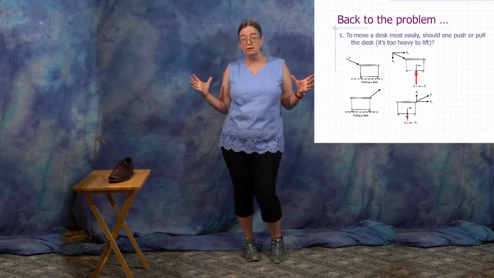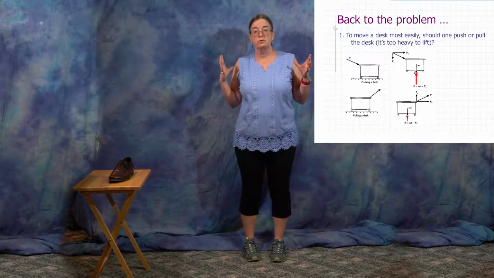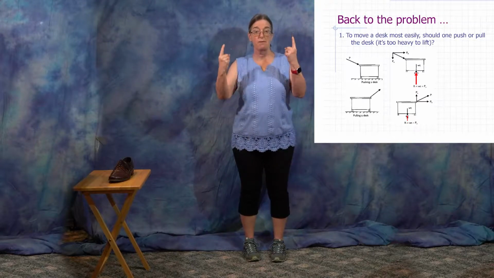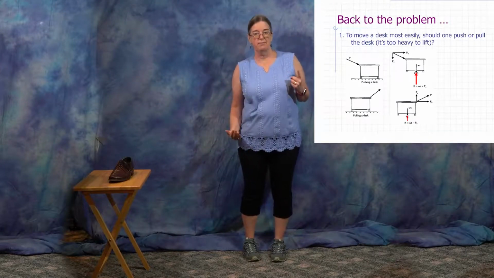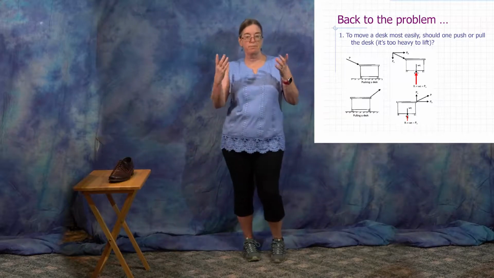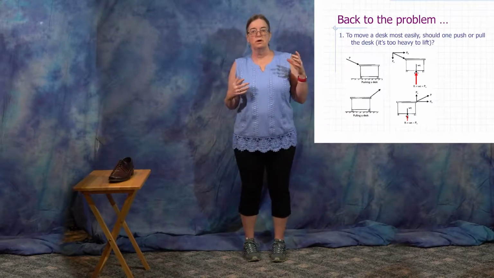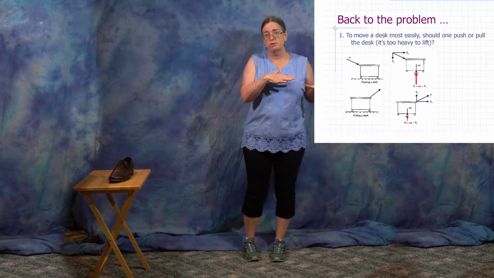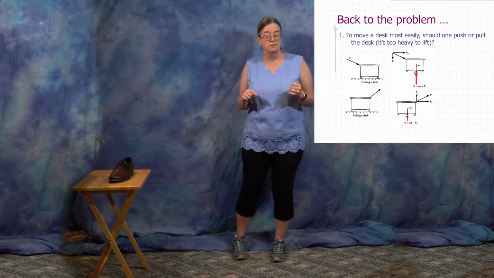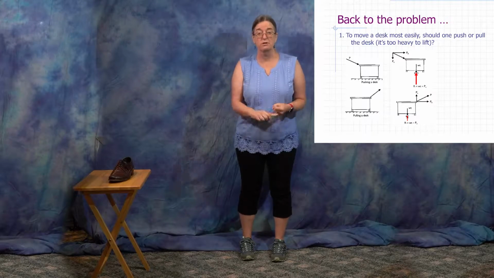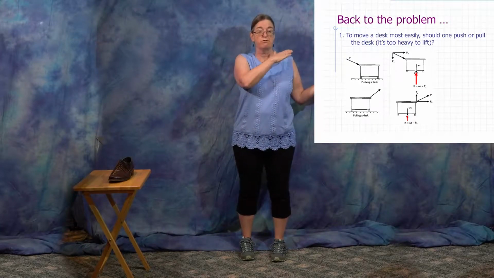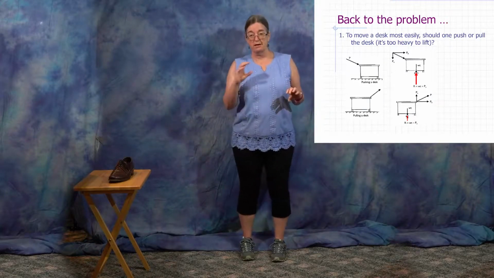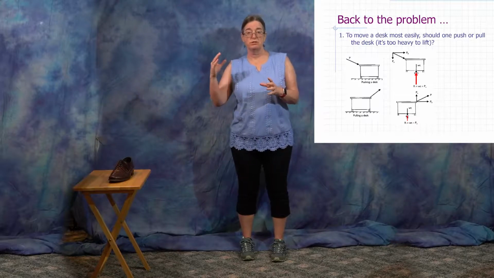Those are going to add together, and they are going to be resisted by the ground, creating a normal force back up onto the desk. So that normal force is going to be bigger. It's going to include that weight and the component of my push force. And remember, friction equals the coefficient of friction times that normal force. So the frictional force that I'm fighting against in order to move is going to be that bigger normal force times the coefficient of friction.